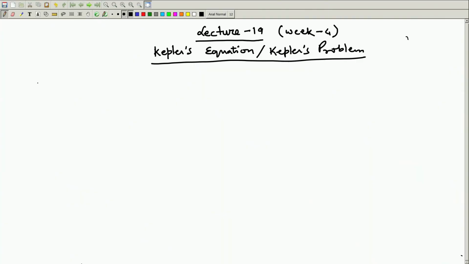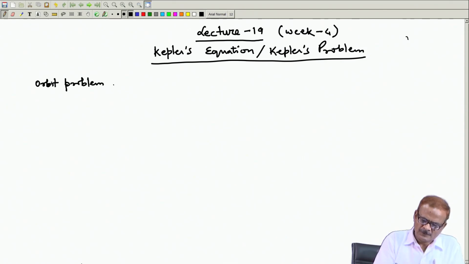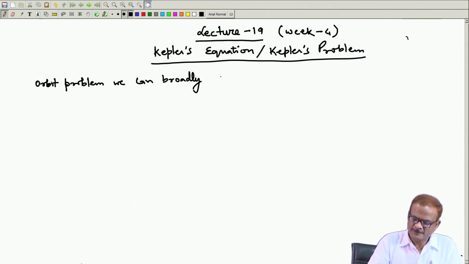In the orbit problem, we can broadly divide into three categories.